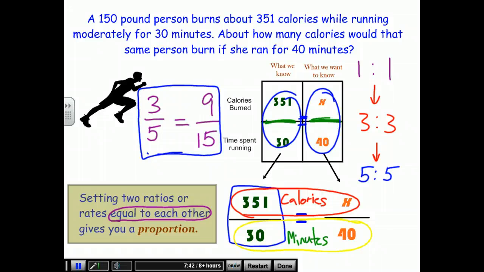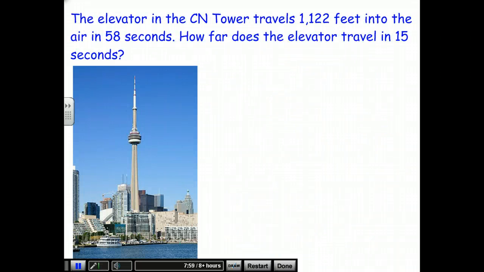So if we set this up in a way where all of our information is very similar and is put in the same ideas in the numerators and denominators by using this table, we can just take the information and make a proportion. So let's see if we can try it with another idea here. And so this is the picture of the CN Tower, which is the tallest freestanding tower in the Americas, North and South America, and until the building of the Burj Khalifa was the tallest freestanding tower in the world.